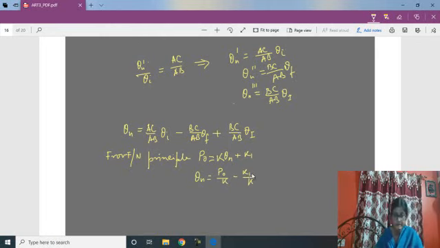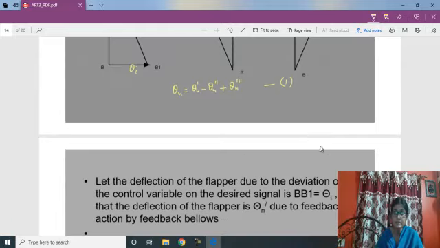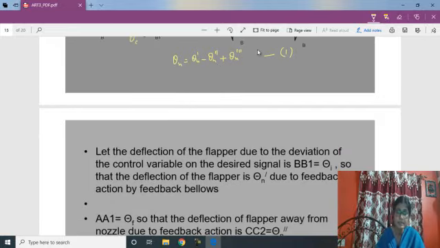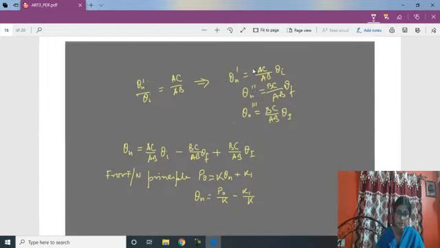Our initial equation was theta n equals theta n dash minus theta n 2 dash plus theta n 3 dash.